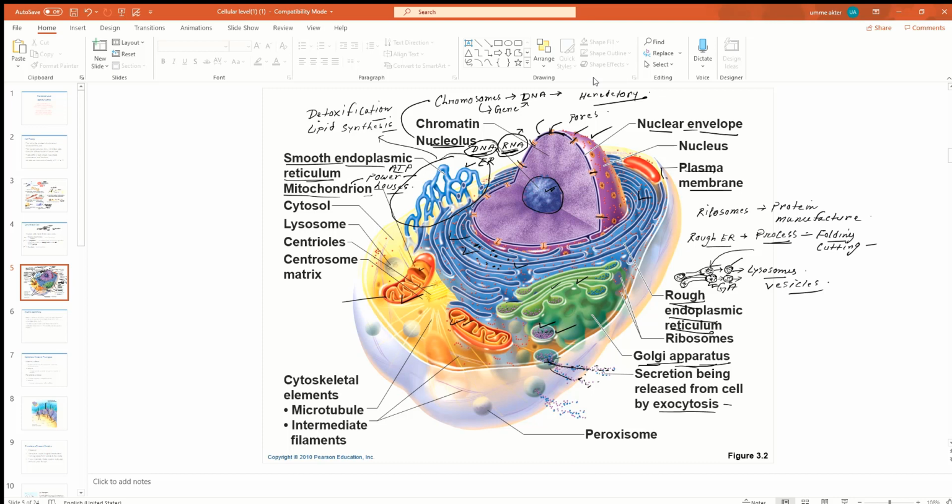RNA is produced in the nucleolus, gets out through the nuclear pore, and forms the ribosomes, and those ribosomes get attached to the endoplasmic reticulum surface.